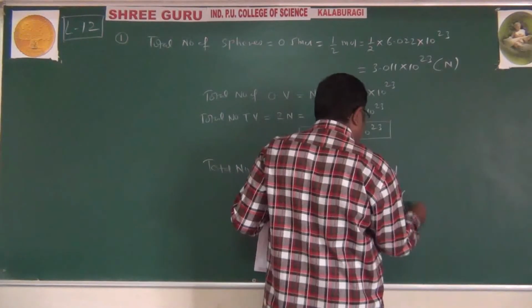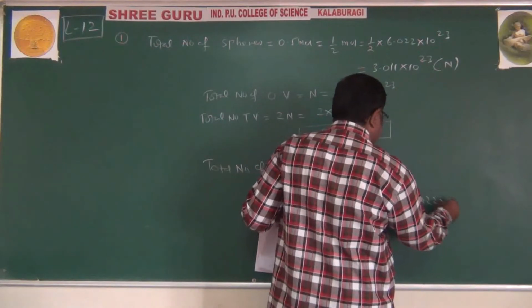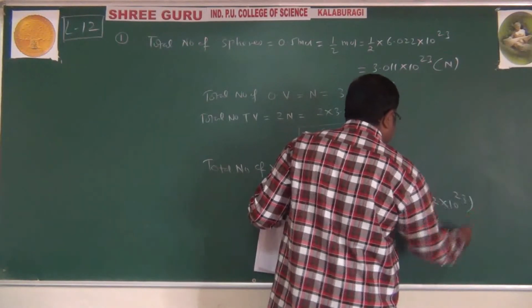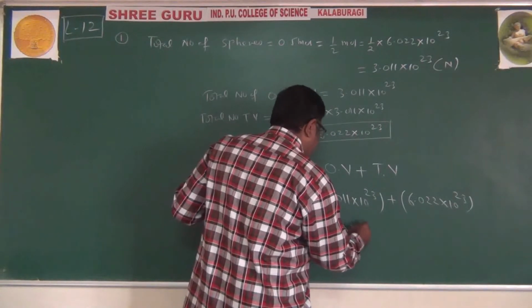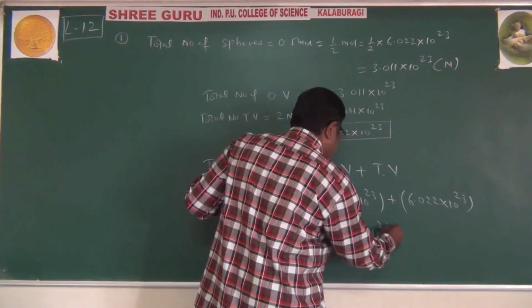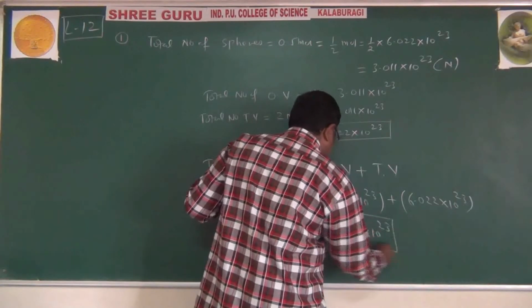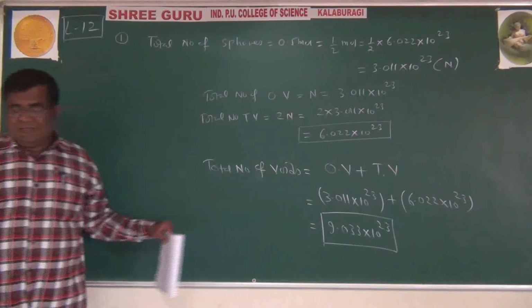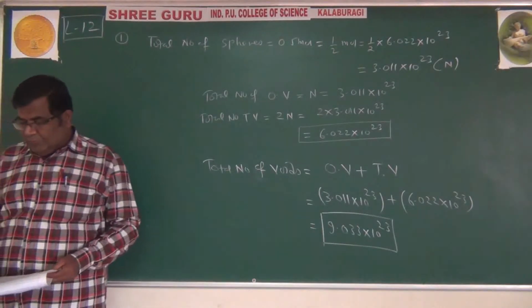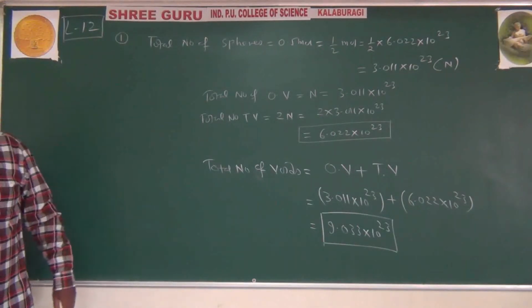Tetrahedral voids are 6.022 into 10 raised to 23. If you add them together, 9.033 into 10 raised to 23. These are the total number of voids. And out of that, tetrahedral voids are 6.02. So this is a very simple answer.